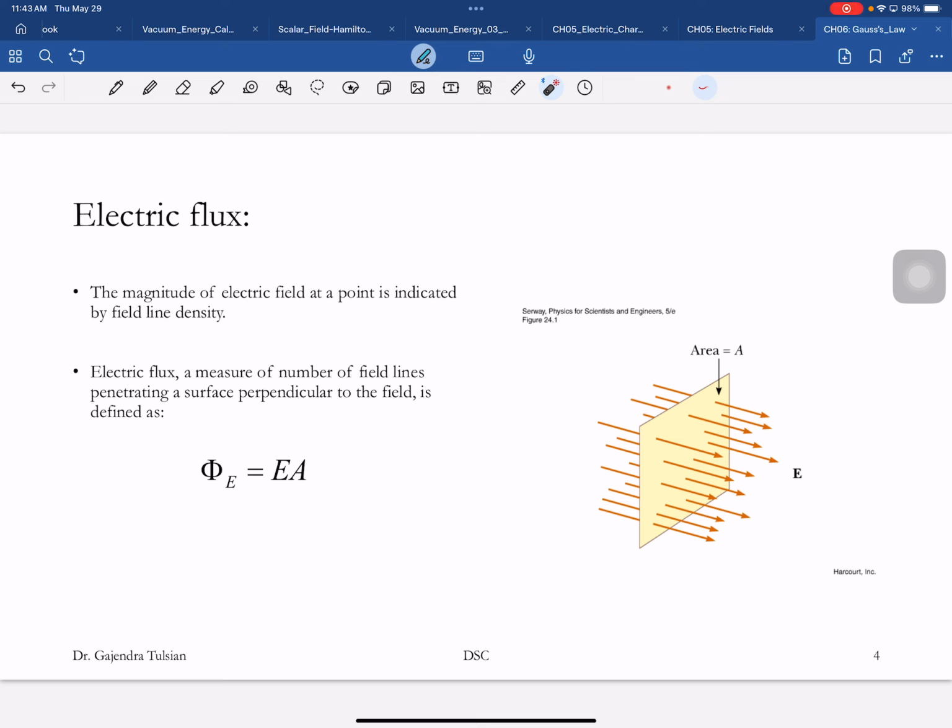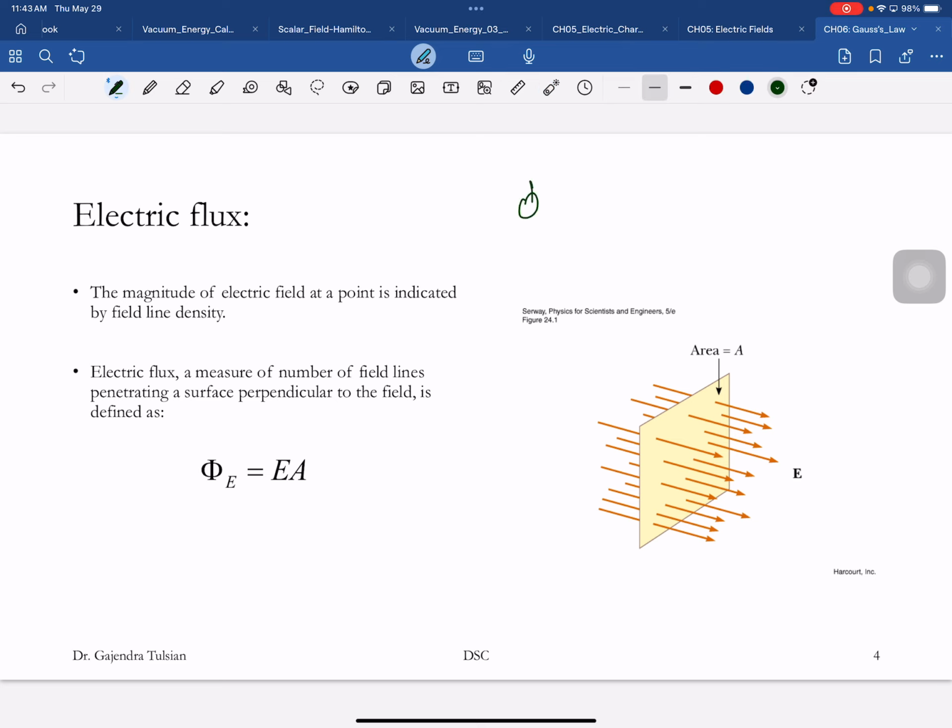More lines for stronger fields. So now, just like in the previous case where we asked how much volume was flowing, we'll ask how many lines are going through this area. That's what we'll call electric flux. The number of lines will tell us the electric flux.